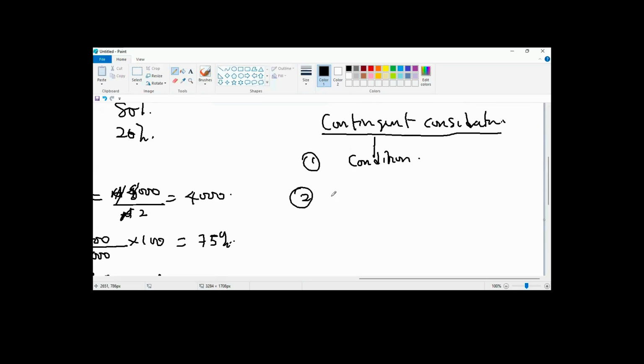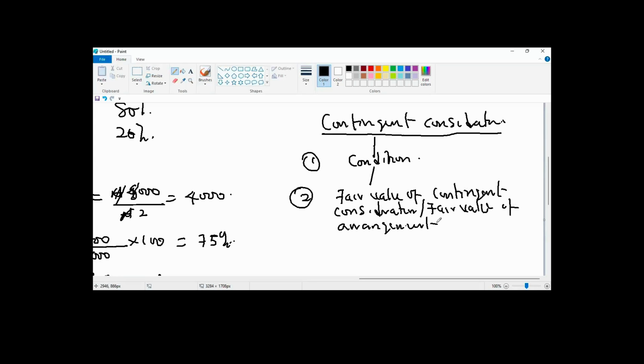What is it going to give in return for meeting the performance? It's known as the fair value of the contingent consideration, or they say fair value of the arrangement. Three, I will now reassess what happened at the reporting date.